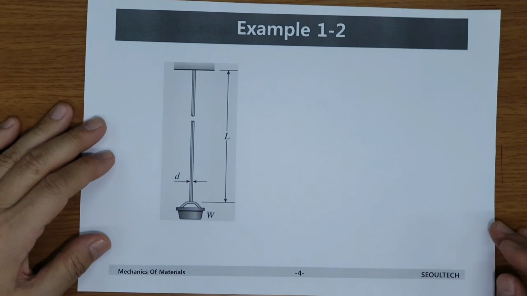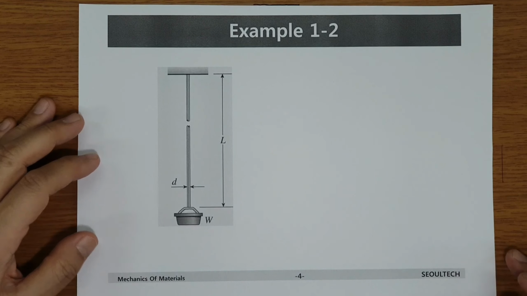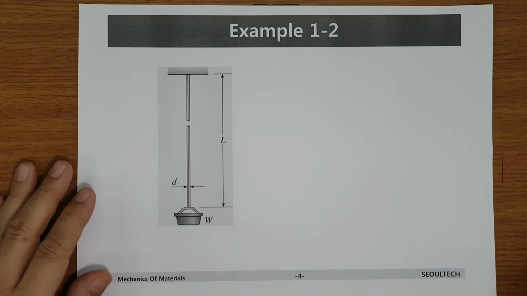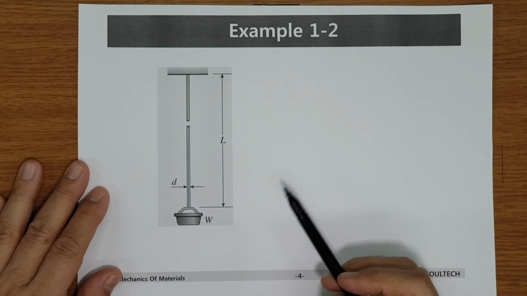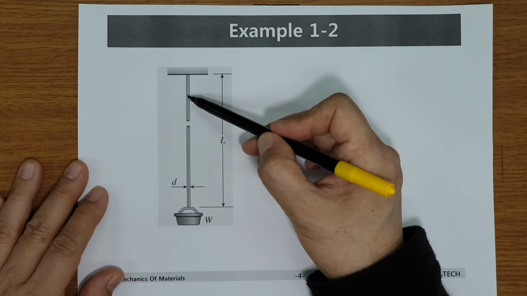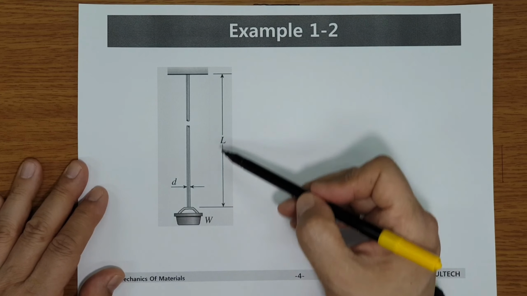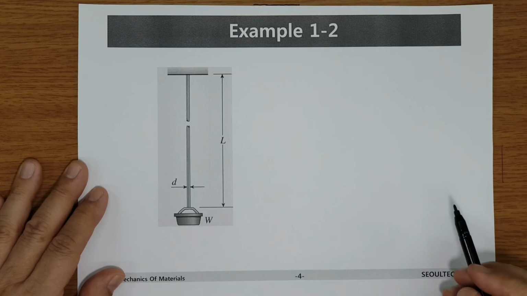Next, example 2. Here we can consider this system. There is a cylinder whose diameter d is relatively small, and length is L, and at the bottom the weight W is attached.